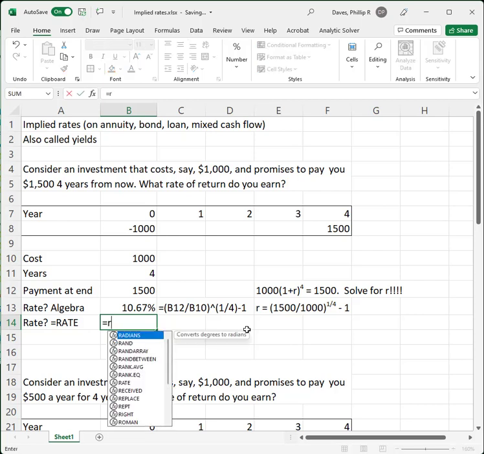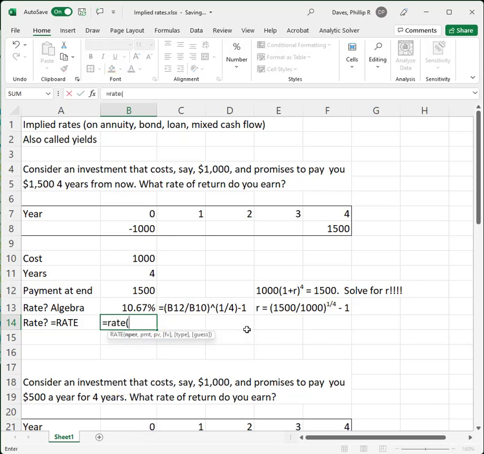The RATE function takes those items that go into its time value of money calculations: the number of periods, the periodic payment, the present value, the future value, and then of course we need to specify whether this would be an ordinary annuity or an annuity due.